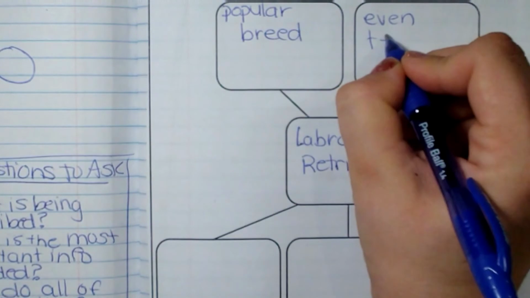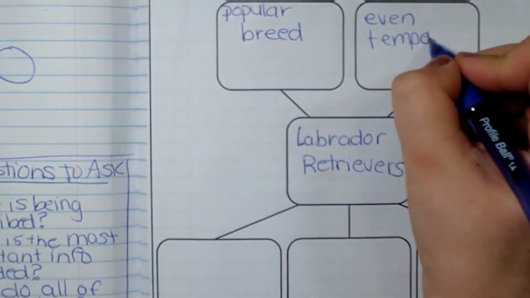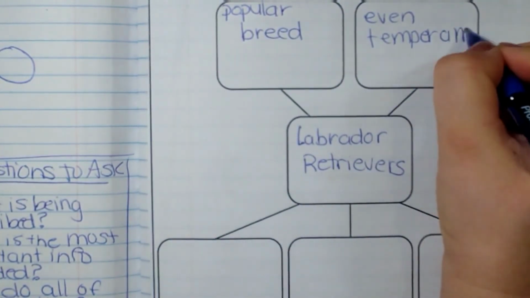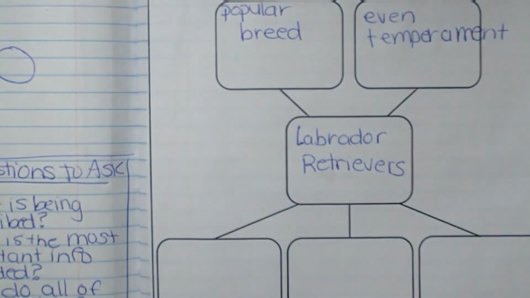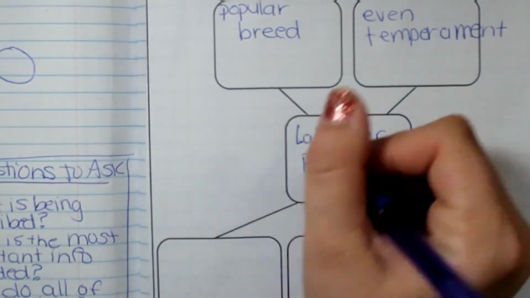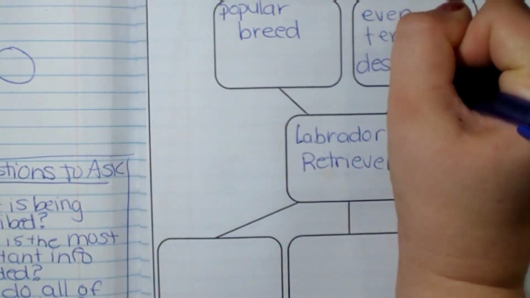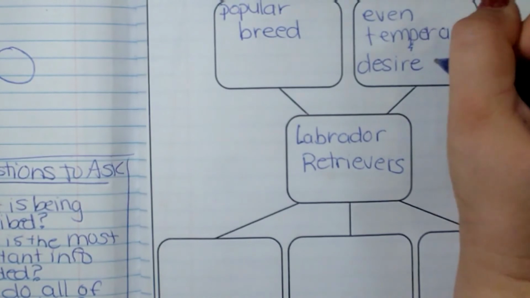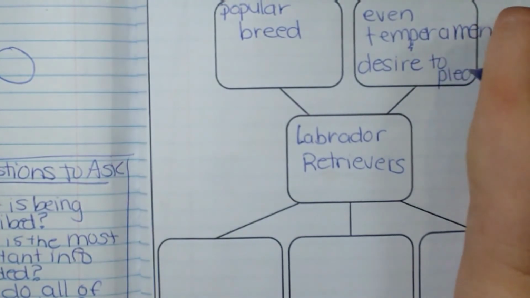So all of these words that I put in here have to be a way to describe the Labrador Retrievers, not just that they're dogs. Desire to please. So they really want to make their owners happy.